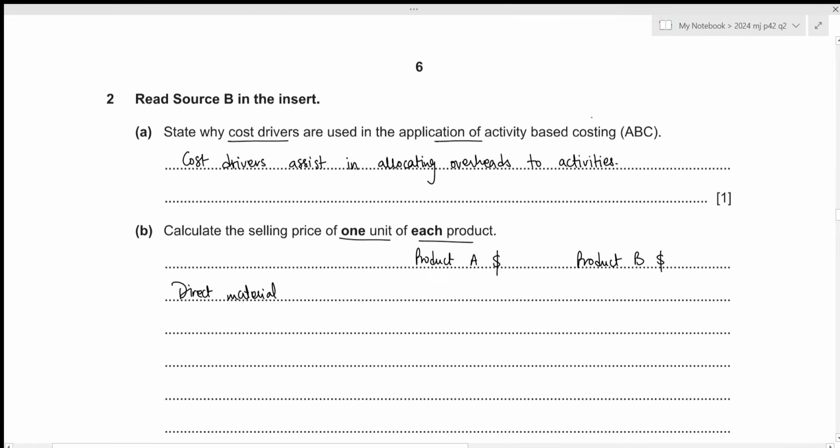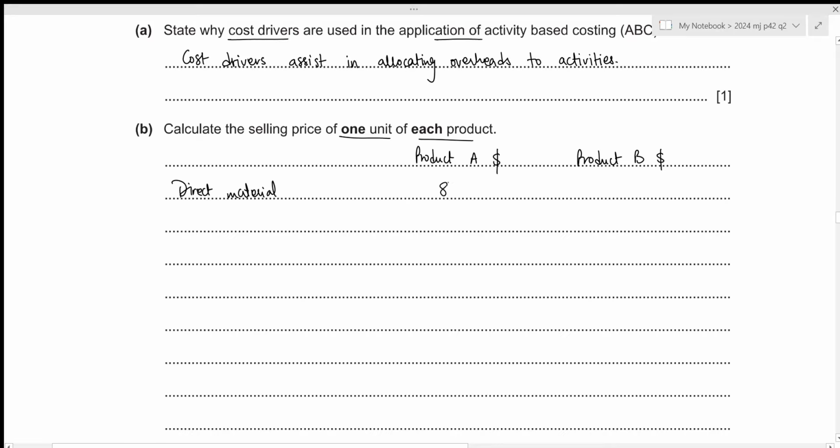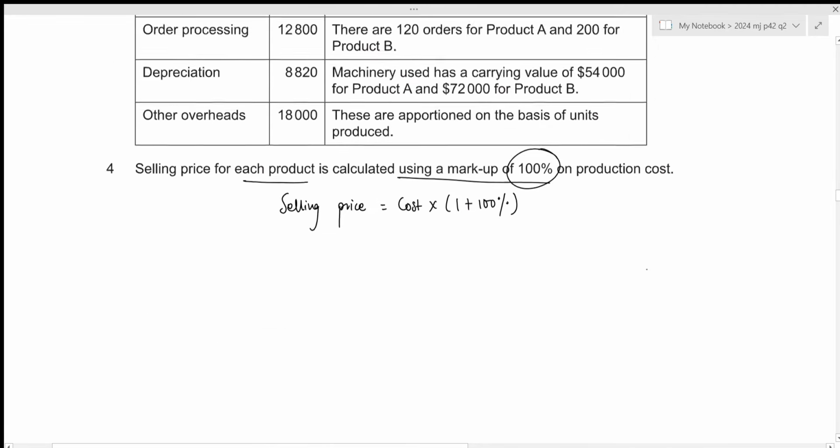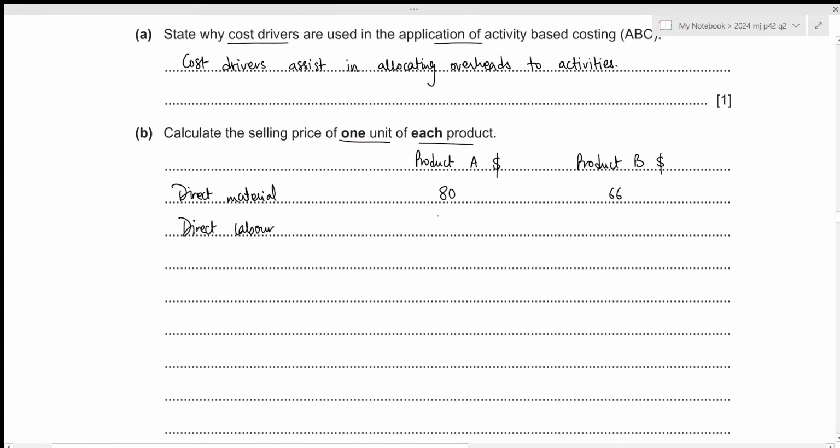Let's write it down. So we have 80 and 66. Then we have our direct labor. So for the direct labor, we've already calculated that product A will require $33, whereas product B will require $78. Let's write it down. So 33 and 78.